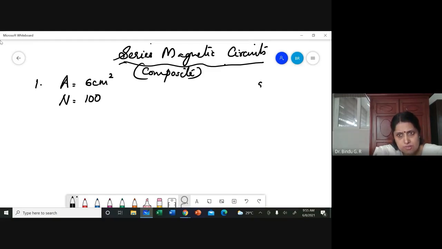Just check your screen. Saw cut means they have cut through the iron with a saw. A saw cut of 2 millimeters.